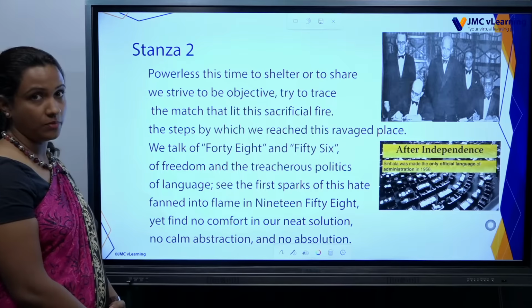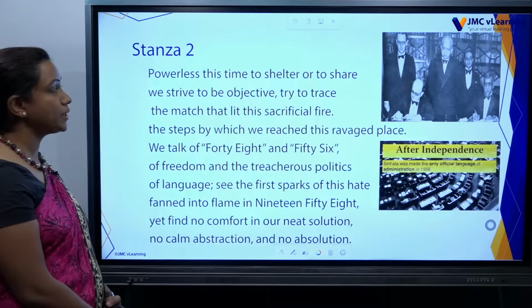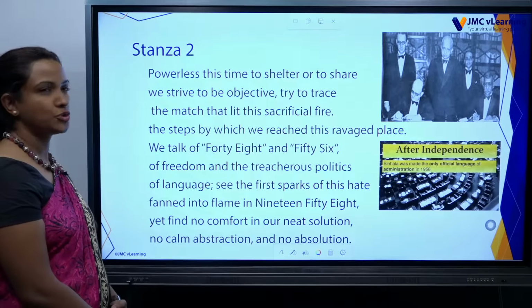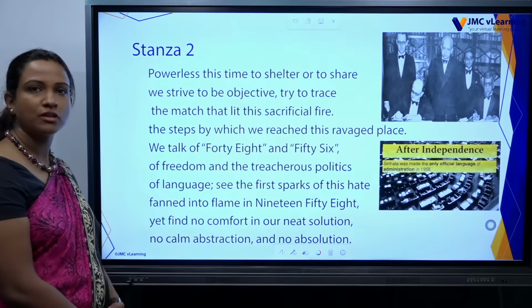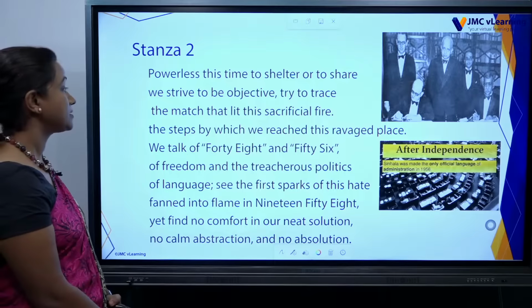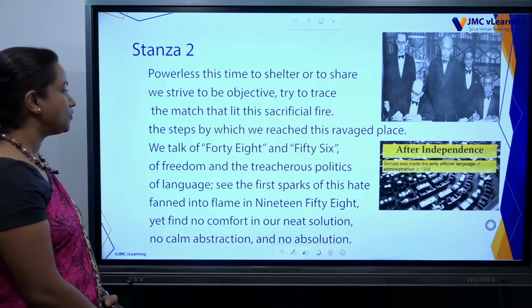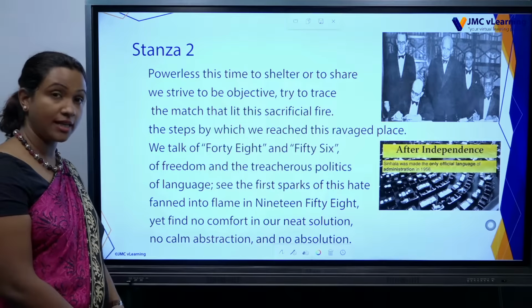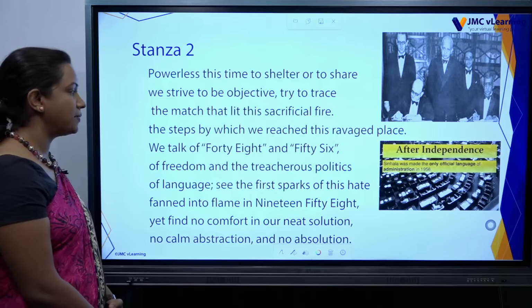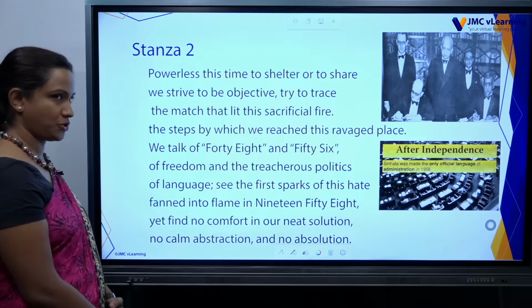Powerless this time to shelter or to share, we strive to be objective, try to trace the match that lit this sacrificial fire. The steps by which we reach this ravaged place, we talk of 48 and 56, of freedom and the treacherous politics of language.